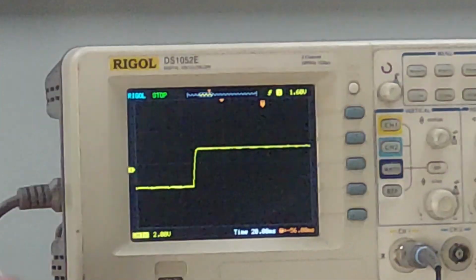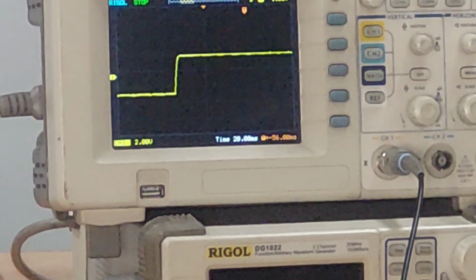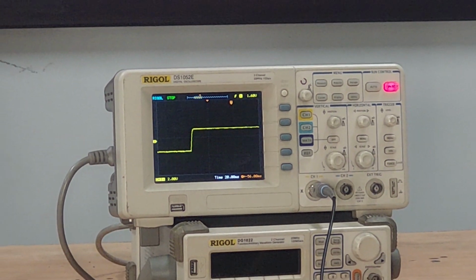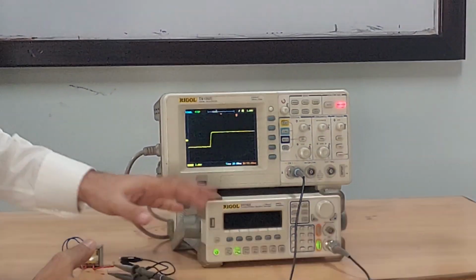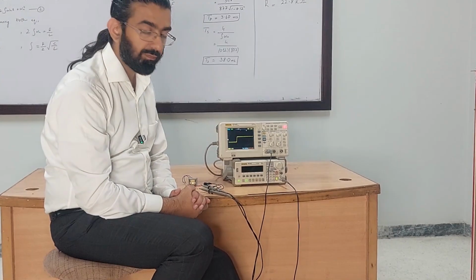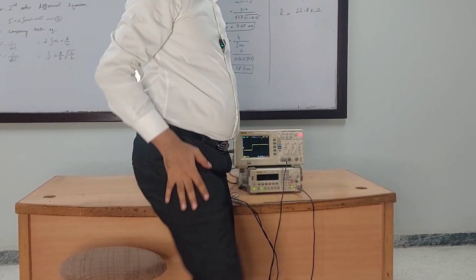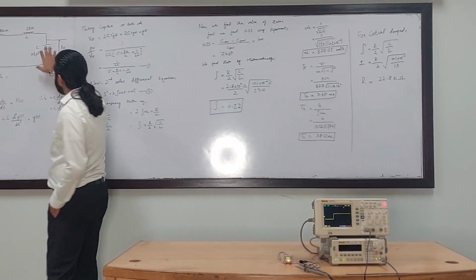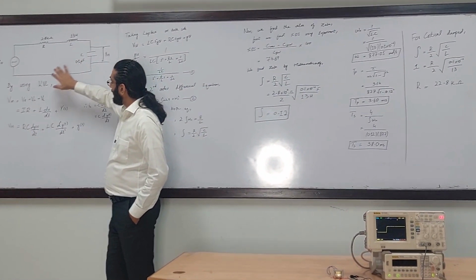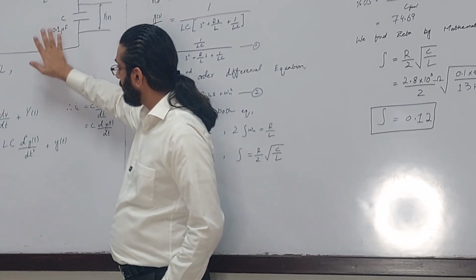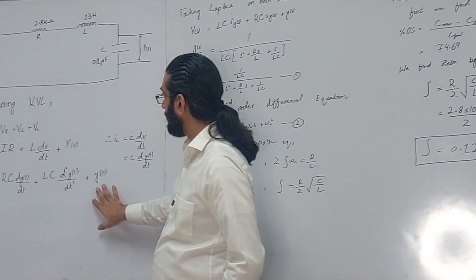Now the question is, did I just place some random resistor into this circuit, or was there some calculation behind this application? Actually what we did was we applied Kirchhoff's voltage law across this circuit, and then we got the differential equations of this system.